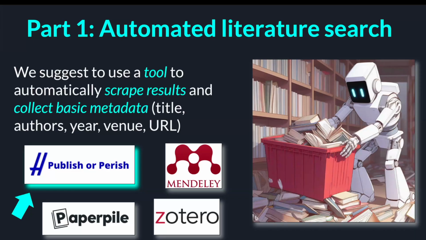The one I use always is Publish and Perish. I think it works really well at the time of talking. Maybe in 2 years it's gonna be terrible, but for now, Publish and Perish works extremely well. You can execute the queries on different digital libraries directly from the tool. You can merge the results. You can download them as CSV. It works great, and it's free.